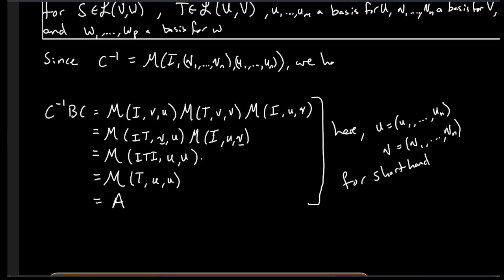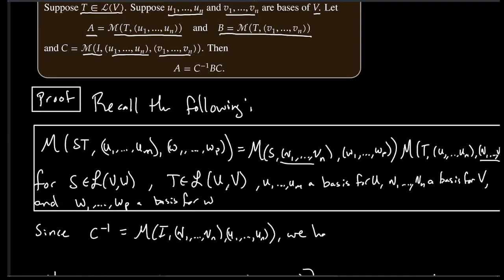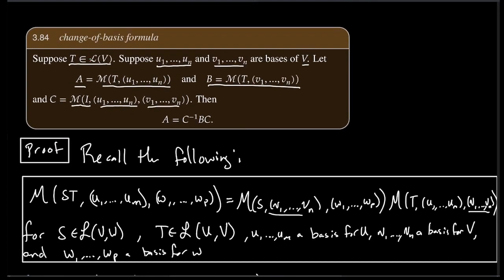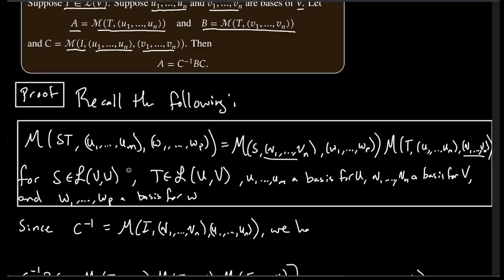But wouldn't you know it, we just got a formula to change the matrix of a linear map under different bases. If you want to switch from one basis to another, you have to conjugate by C, where C is the matrix of the identity with respect to those bases. The basis you start with, V, is there in the second spot, and the basis you end with, U, is there in the first spot. Kind of nice.